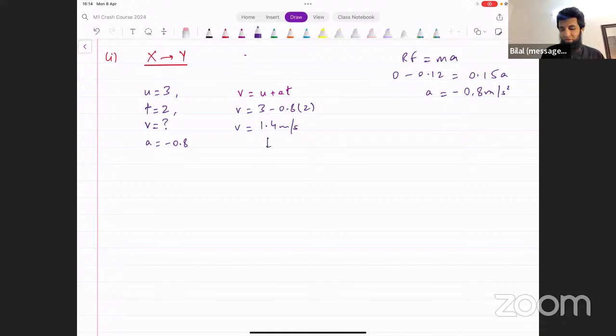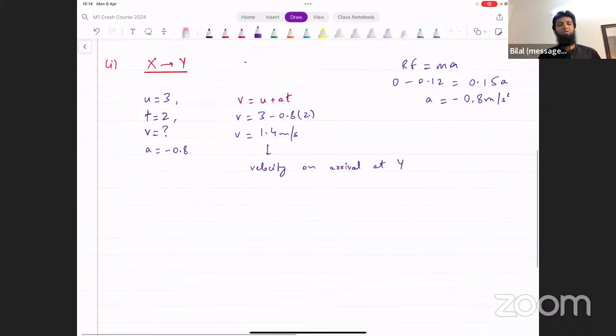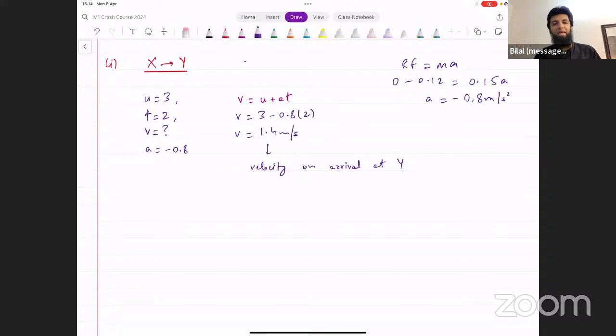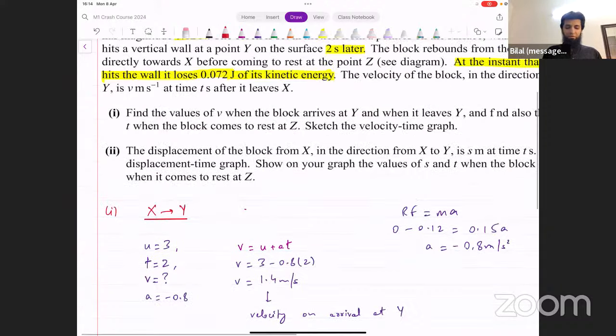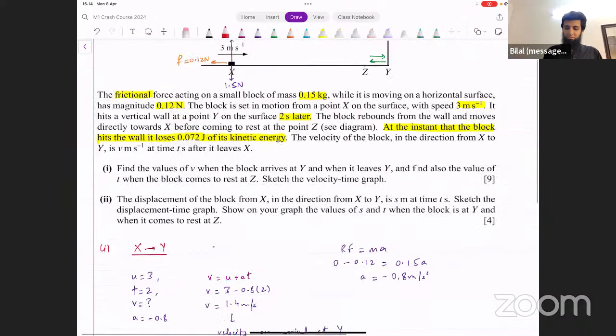This is the velocity of arrival at y. Velocity when the block arrives at y. That's the first thing that we were looking for.